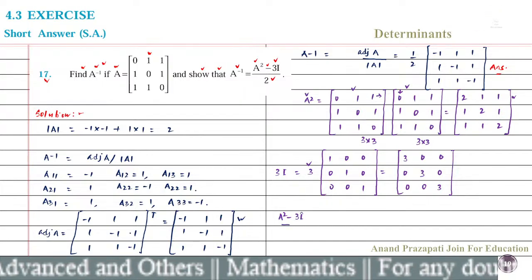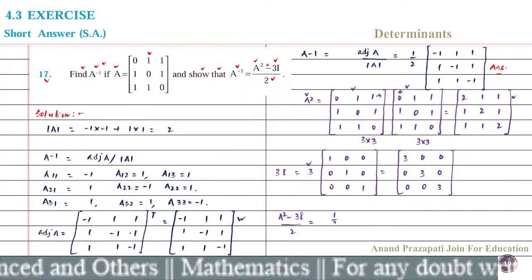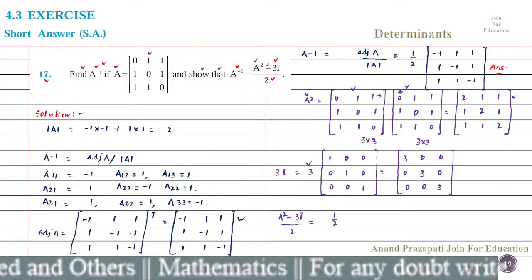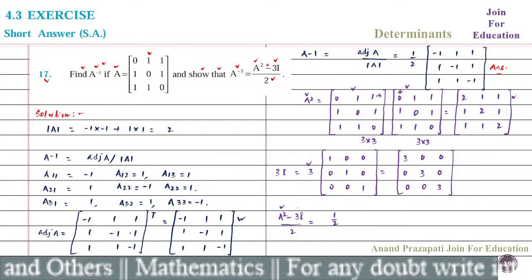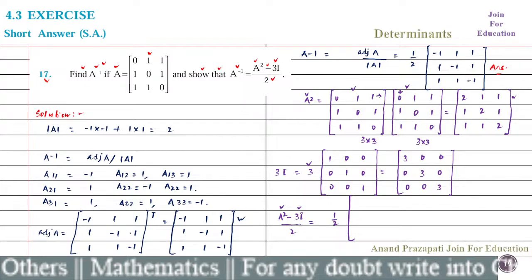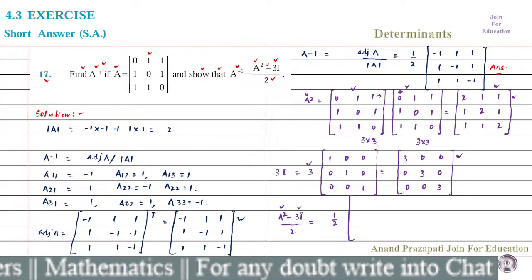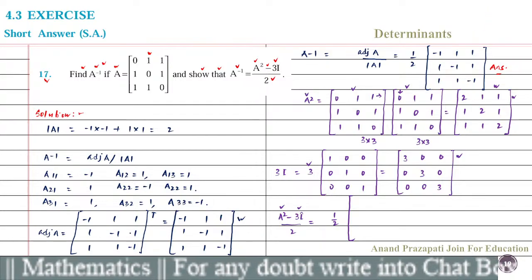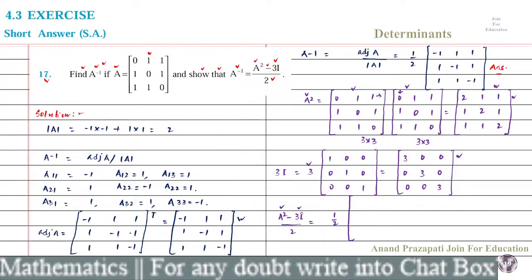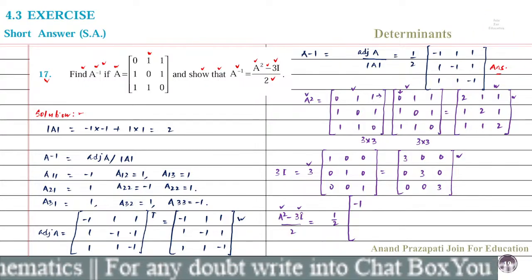So we find out here A square minus 3I by 2. We write down here for these two, 1 by 2, and we find out A square minus 3I. So the value of A square is here, and value of 3I is here. So 2 minus 3 will be what? Minus 1, and 1 minus 0 equal to 1.